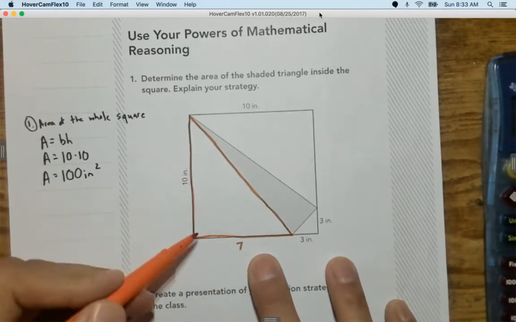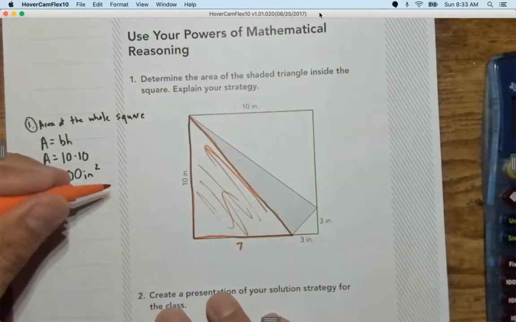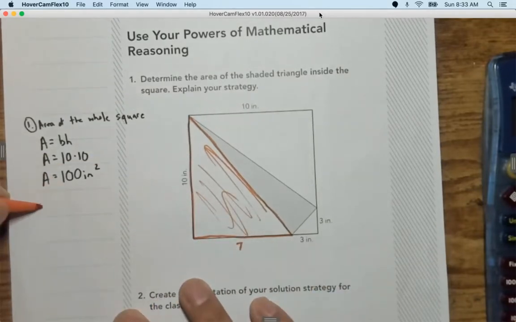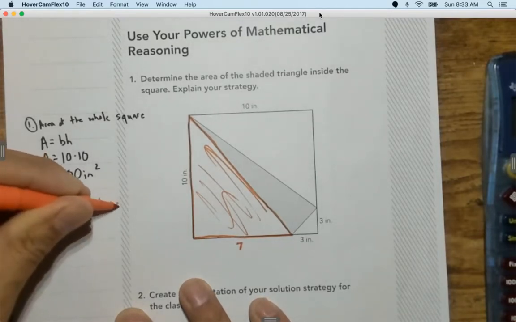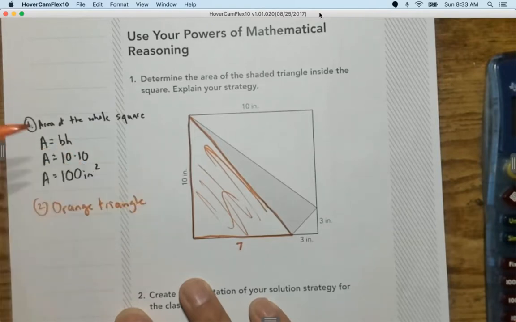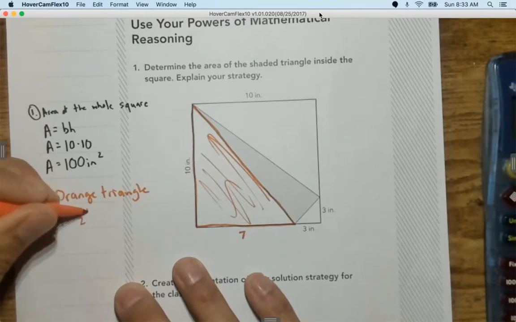And so for this orange triangle right here, I know my area as a triangle is going to be 1/2 of the base times the height.